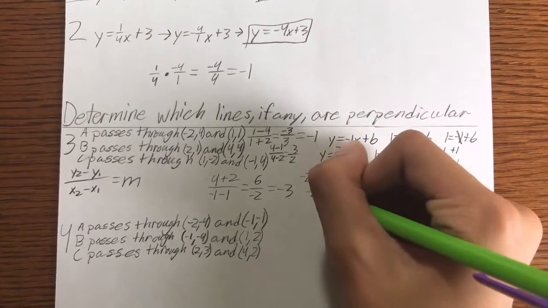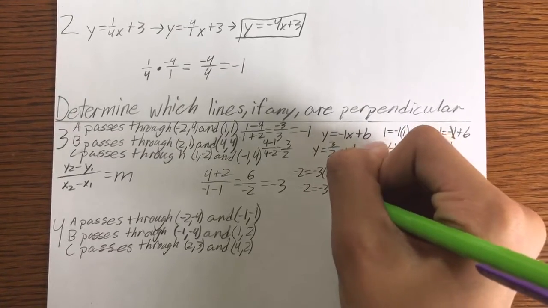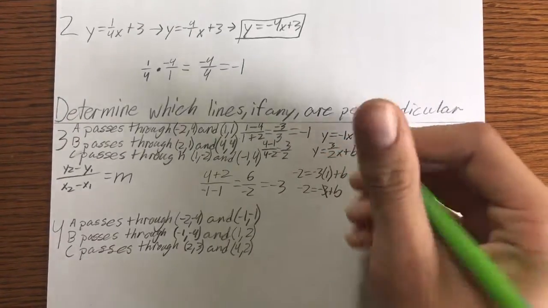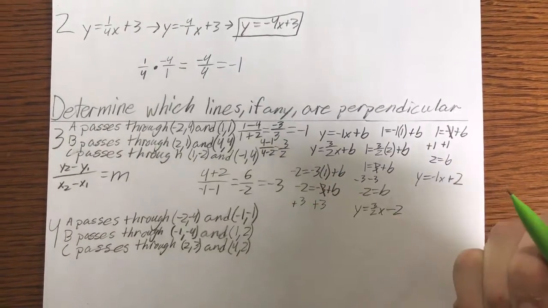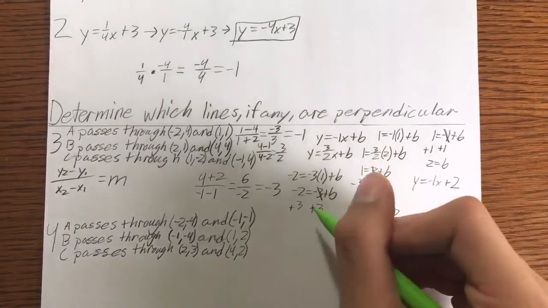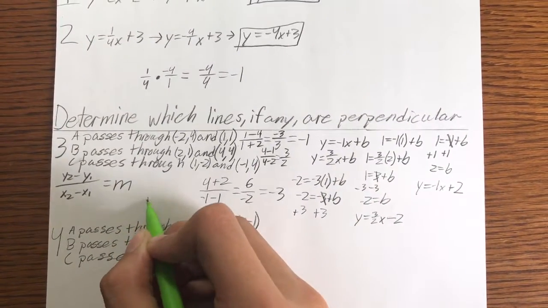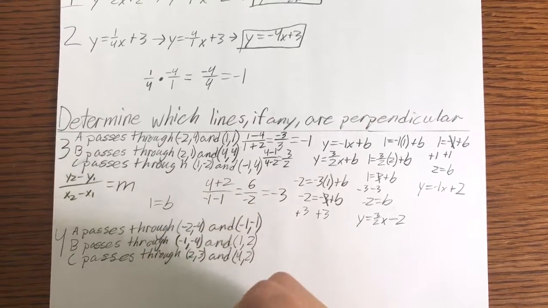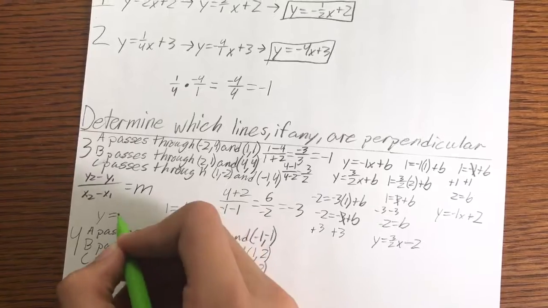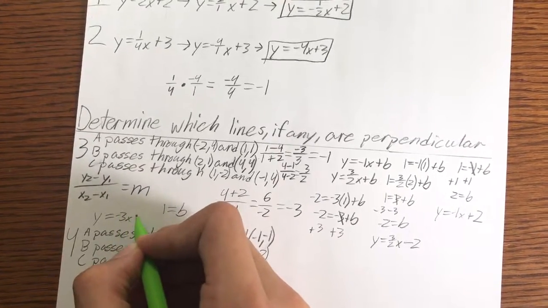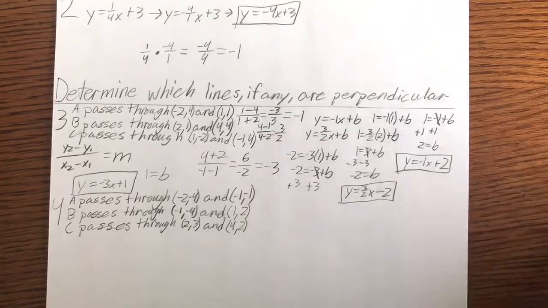That's negative 2 is equal to negative 3 plus b. Then we add 3 on both sides, and we get 1 is equal to b. So now we can plug that in. Y is equal to negative 3x plus 1. And that's your third answer.